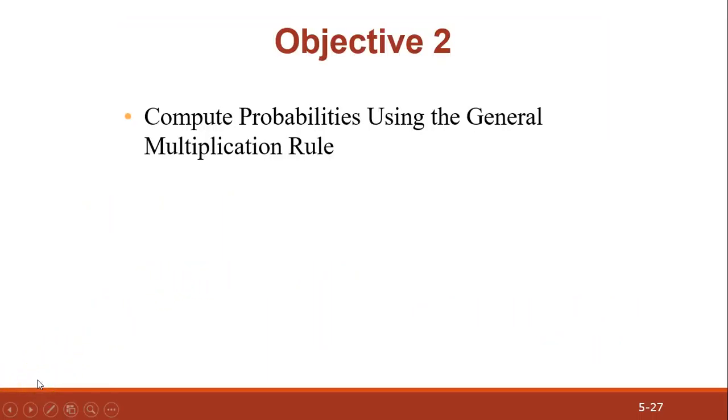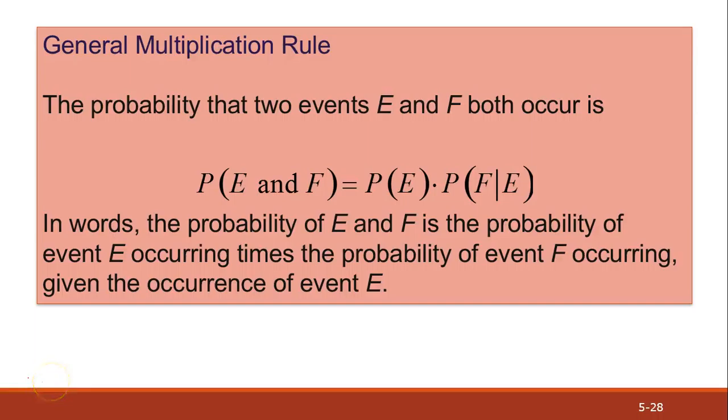All right, so in Objective 2, we're going to be computing probabilities using the general multiplication rule, and this is the general multiplication rule. The general multiplication rule is that the probability that two events, E and F, both occur is the probability of E and F, and it's equal to the probability of E times the probability of F given E. And this is actually the same thing as what we have looked at in the conditional probability rule.